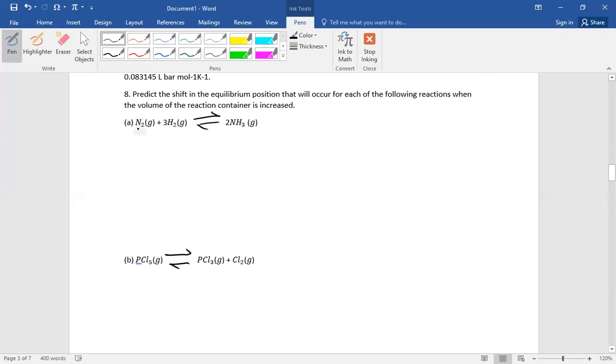Here we have 1 plus 3, which is 4, and on the products we have 2. So we have more on the reactants as compared to the products. Because of that, we shift to the right, simply because there we just have 2.